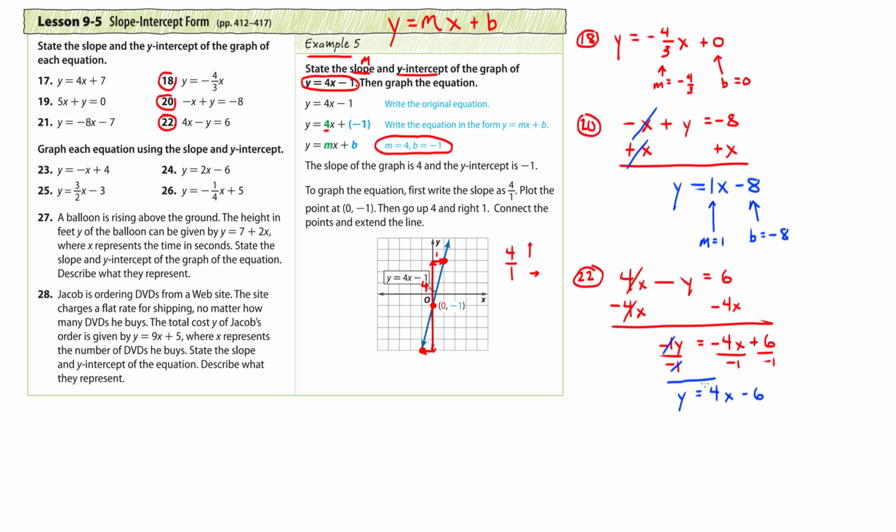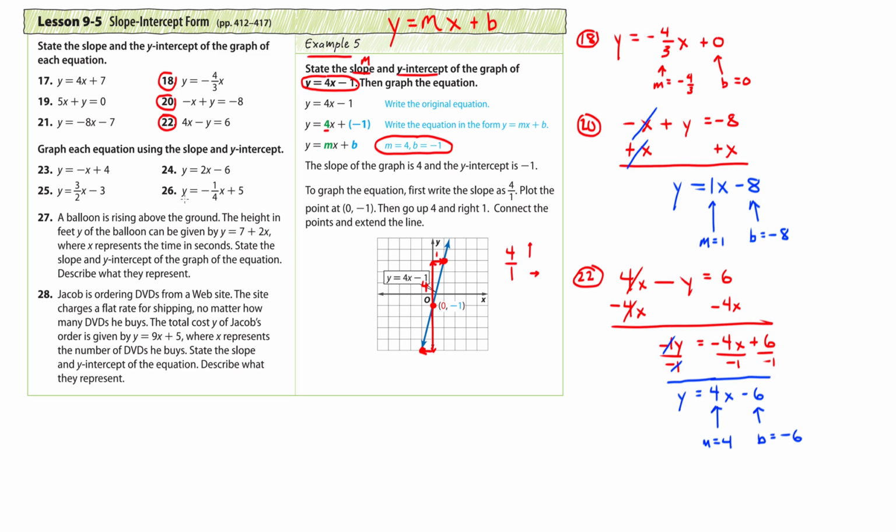So there's my equation, and now the m and the b, or the slope and the y-intercept, are sitting right there. So my slope is 4, and my y-intercept is negative 6 because it's minus 6. So there's 18, 20, and 22 worked out.